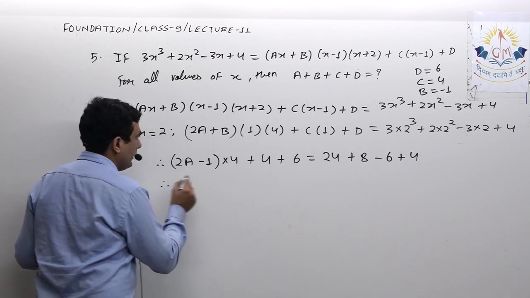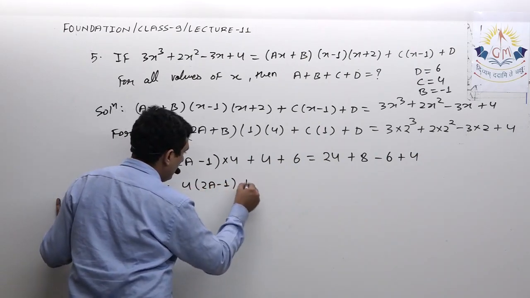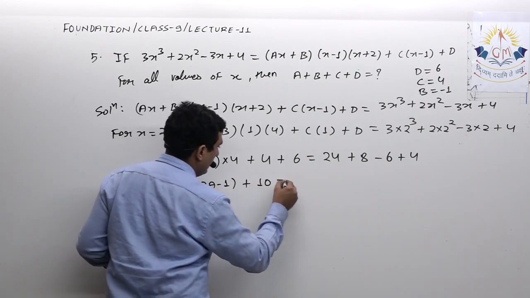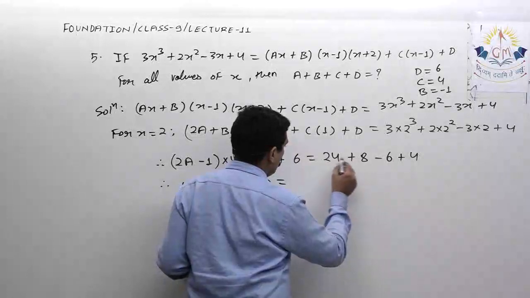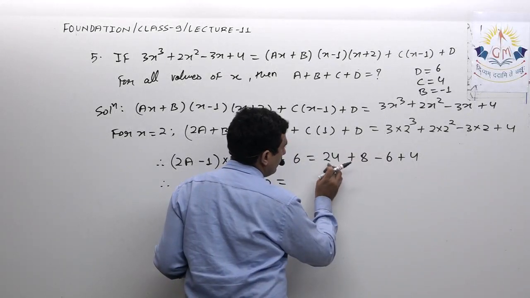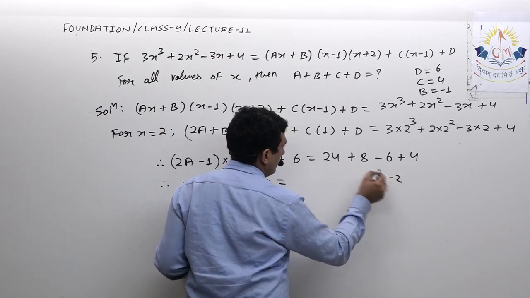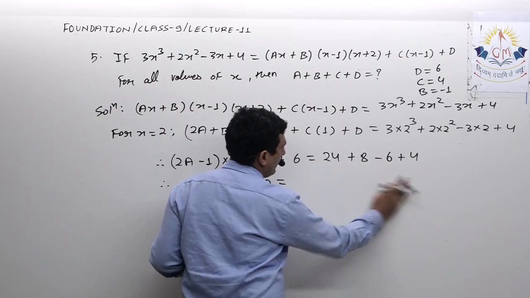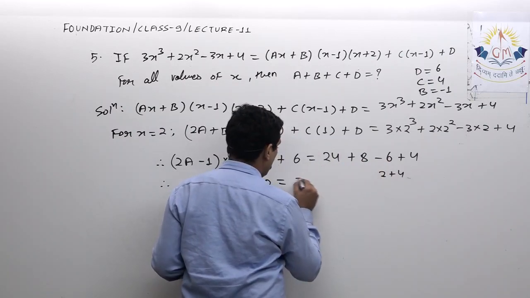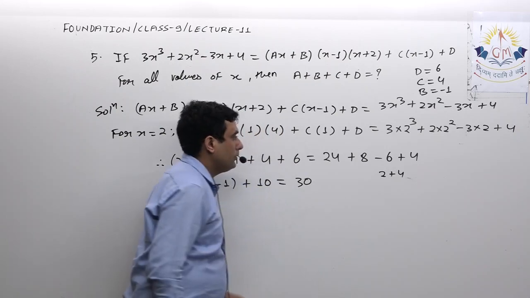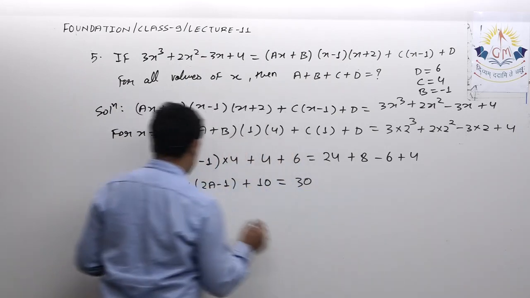Okay, so this gives you 4 into 2a minus 1 plus 10 is equal to, see, from here I will get minus 2. Okay, 8 minus 6, 2, 2 plus 4 6, and 6 plus 24 30.